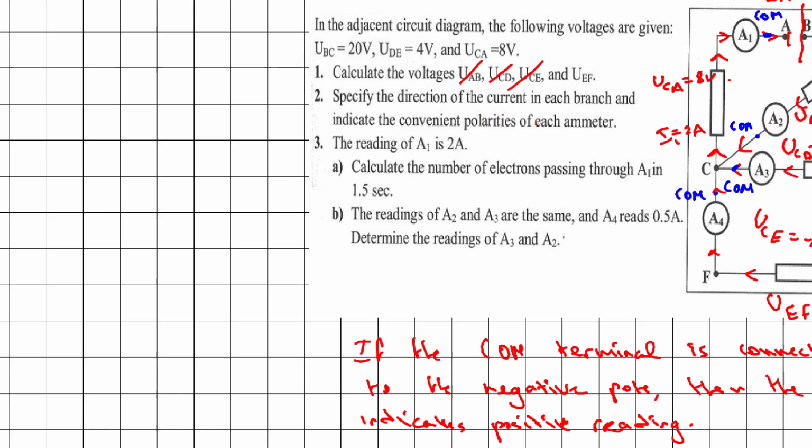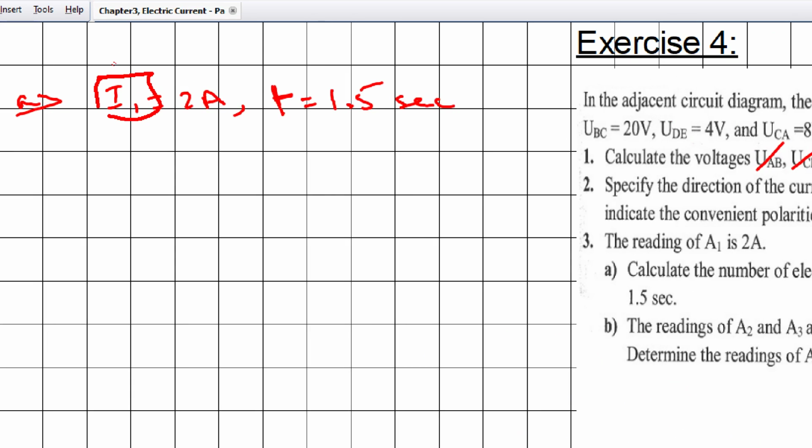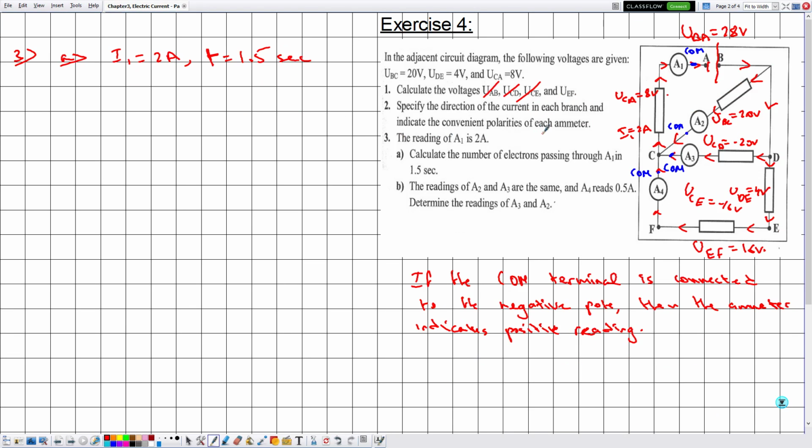Notice that here they gave me the current, so I1 is equal to 2 amperes, and we have that T is equal to 1.5 seconds. This is the time T. So knowing I and knowing T, the quantity of charge Q can be determined from the following formula. Why are we interested in determining Q? Because we will use the value of Q to determine the number of electrons.